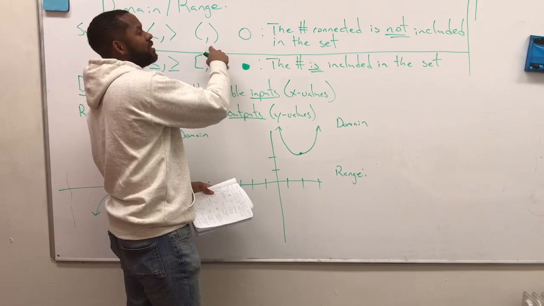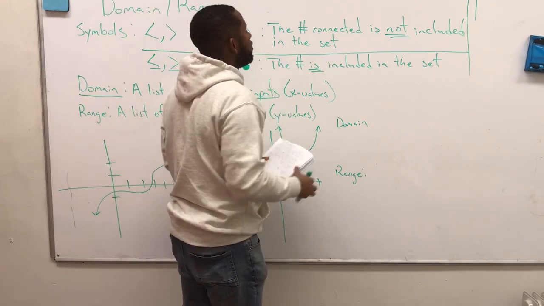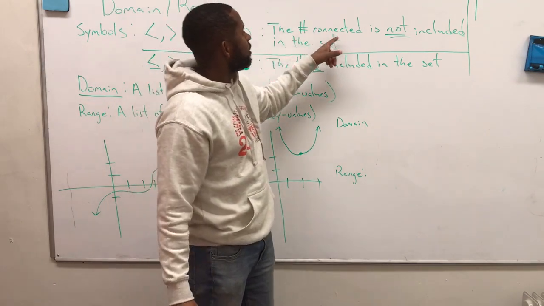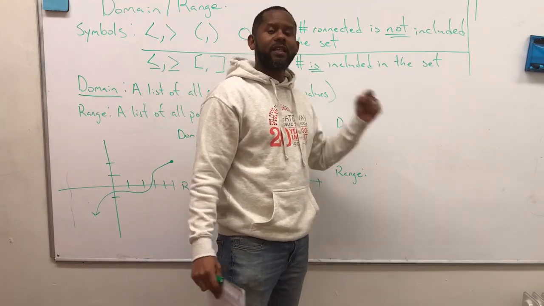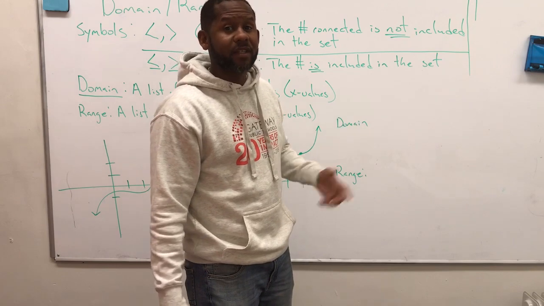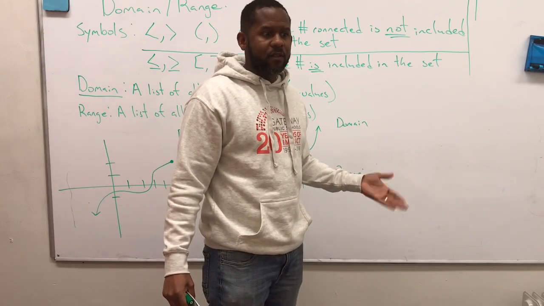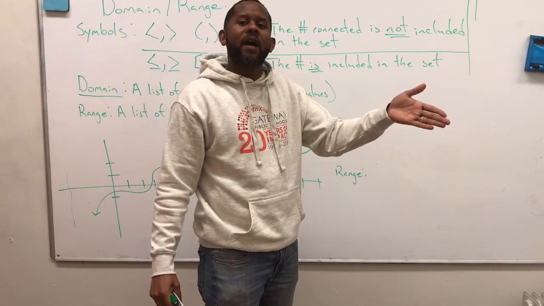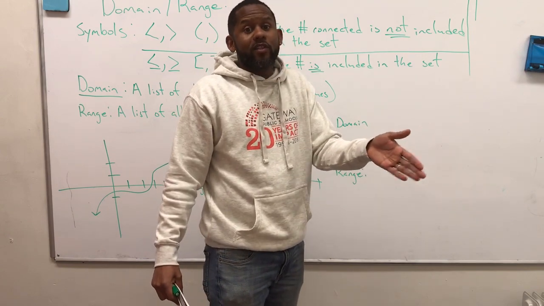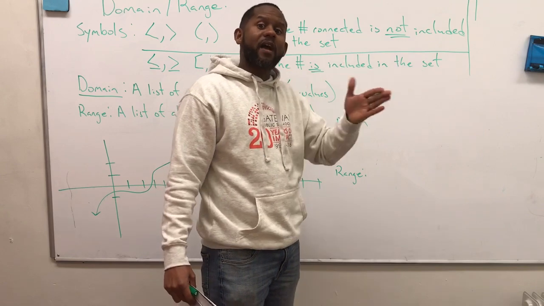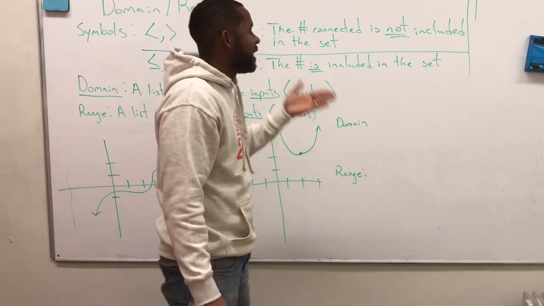The thing to remember, though, is the number that is connected to these symbols is not included in the set. So if I say something is greater than 5, 5 is not greater than 5, so 5 is not included in that set. 5.1, 5.2, 6, 7, 8 are, but 5 is not.